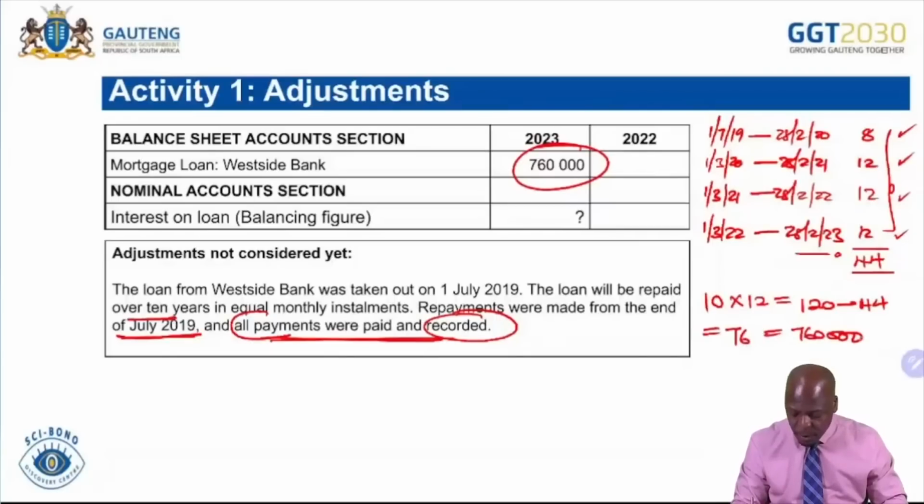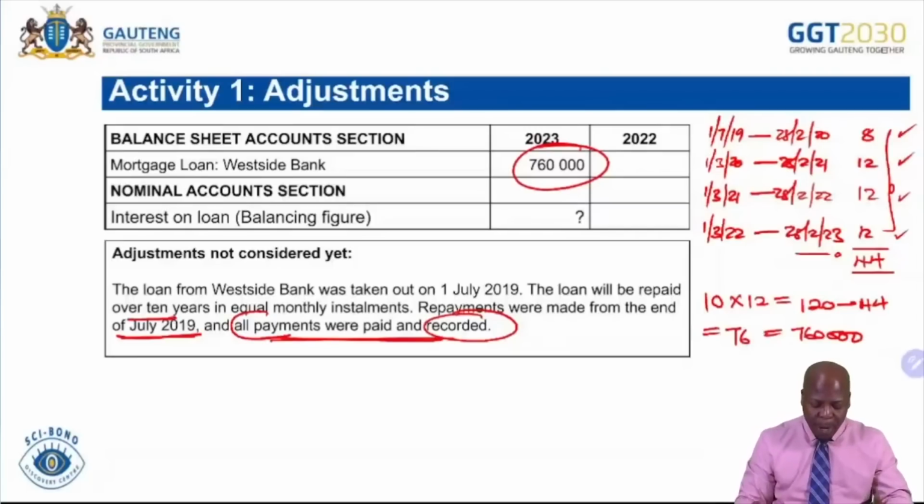Those 76 months are equal to what is owing, which is 760,000. Then we want to know how much we're going to pay for the next financial year, because for this year we've already paid everything. So our concern is next year. How do we know? We must think about next year, because it is being paid on monthly installments. That means the next month, which is March, we must pay.